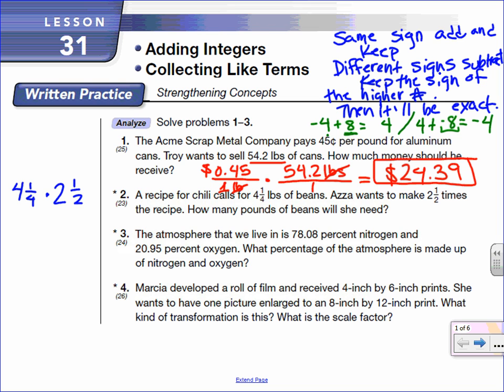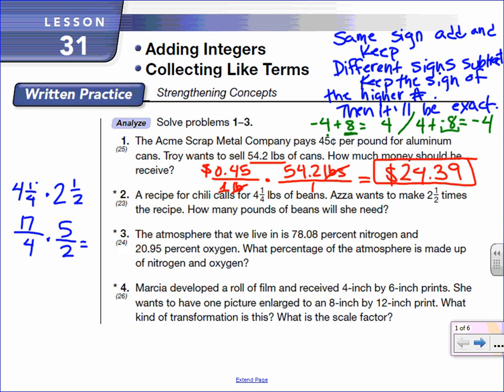So I'm going to take 4 times the denominator 4, so 4 times 4 is 16, and then I add it to the numerator, which is 1. 16 plus 1 is 17 fourths. So 4 1/4 is the same thing as 17 fourths. And then do the same with 2.5. 2 times 2 is 4, plus 1 is 5. So 5 halves is the same thing as 2.5. Now I can multiply. 17 times 5, well 10 times 5 is 50, and 7 times 5 is 35.